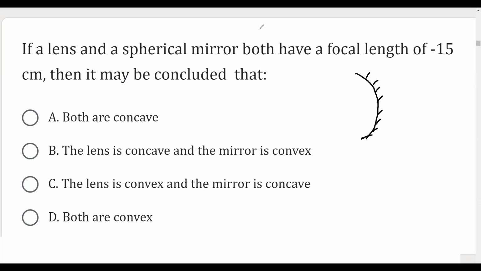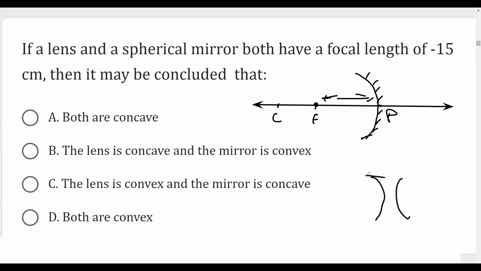In the case of a concave mirror, its focal length is over here, principal focus is here. What is important is that it is negative. Why? Because anything which is measured from the pole to the left hand side is taken as negative. Now this is a concave lens, and it has a virtual focus.